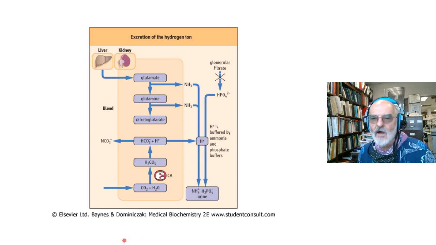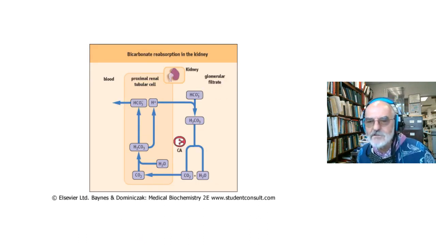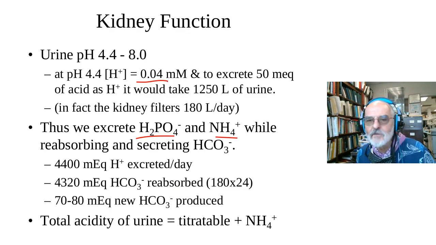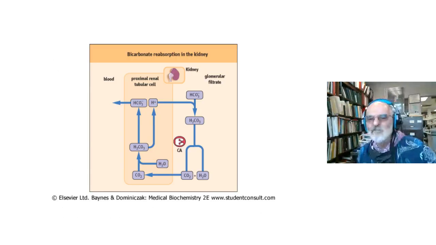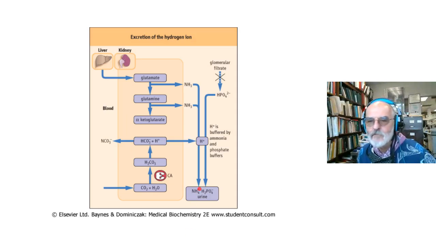Now, I want to mention one other thing because I don't seem to have a slide for this here. When you excrete ammonia and phosphate in this manner, that's charged. And so you must actually have a counterion to go along with it during this excretion process.